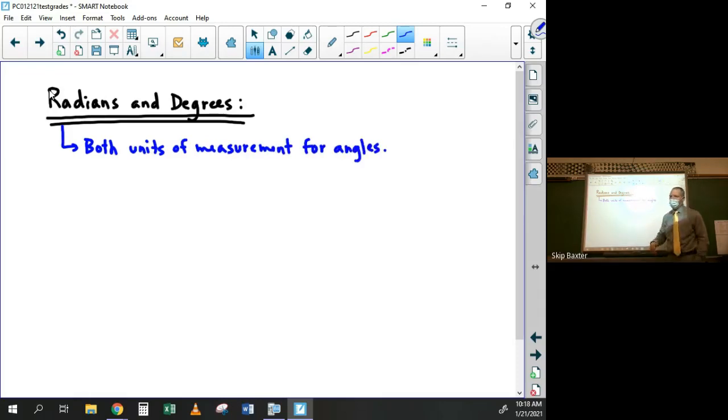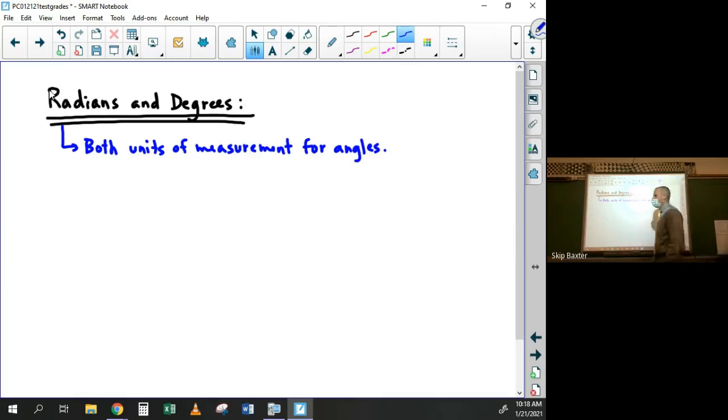So it's like kilograms versus pounds, two different measurements for mass, right? Or Celsius and Fahrenheit, two different measurements for temperature. Lots of different things have different units of measurement. This is one of those things, okay?